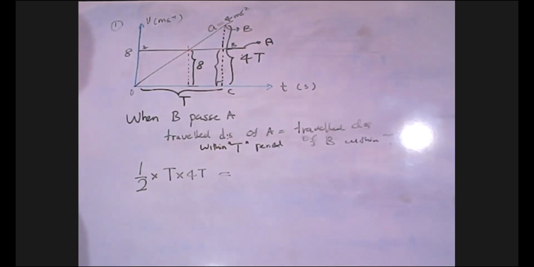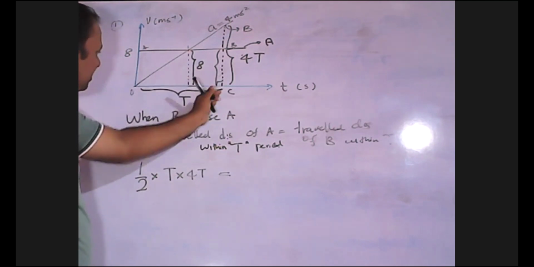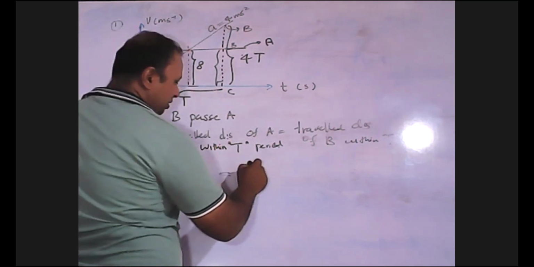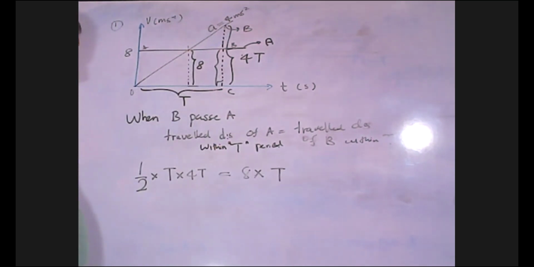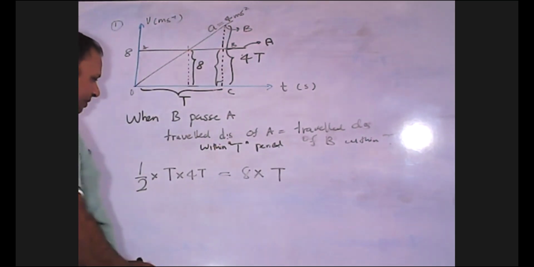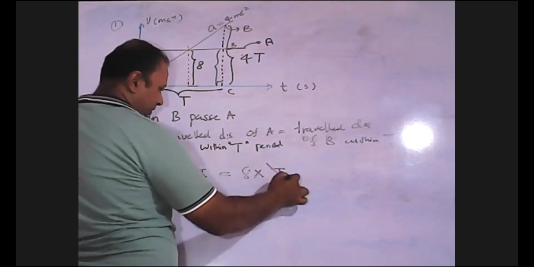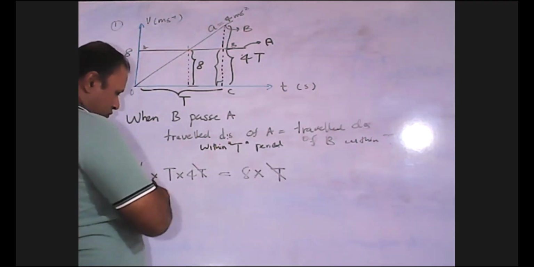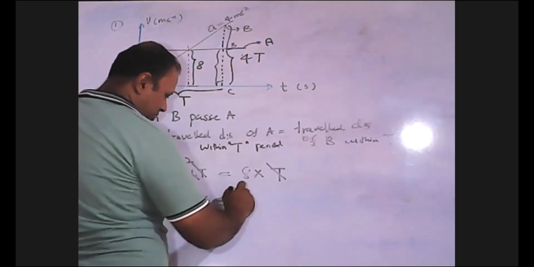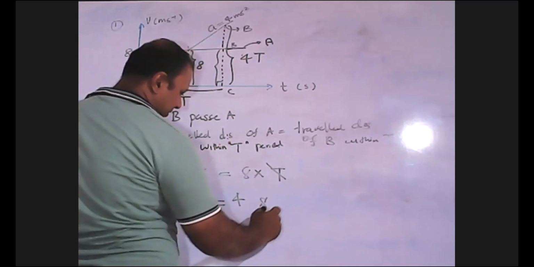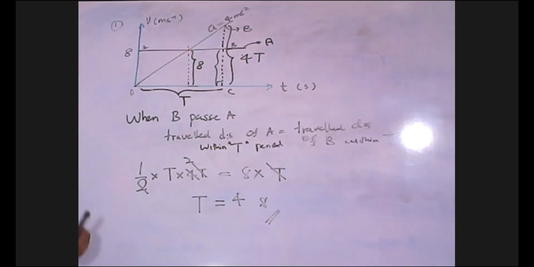So for the rectangle, this height is 8 and the length is t. Therefore, 8 into t. Then t to t will be cancelled out, 2 to 2 will be cancelled out. So T equals 4 seconds.